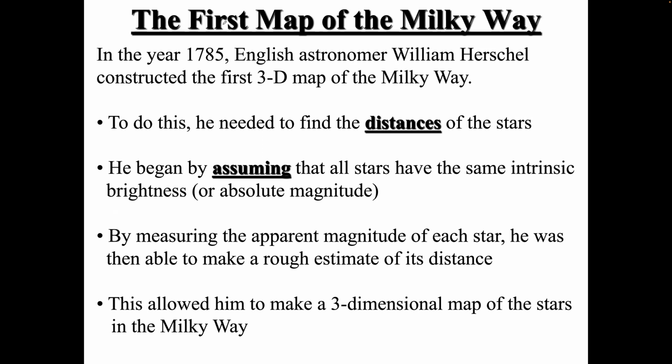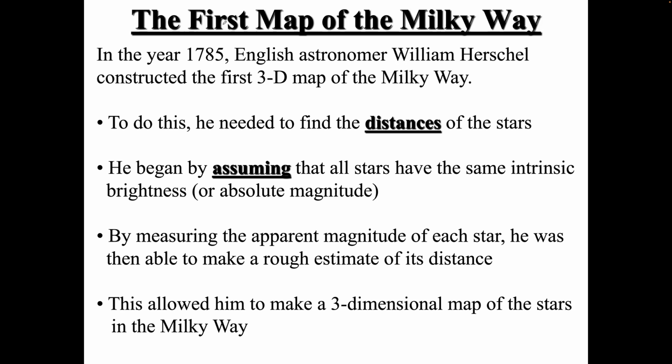So let's come back to our own Milky Way and discuss a little bit about what kind of components we have in the Milky Way. Right. Some of the properties. In 1785, one of the English astronomers called William Herschel constructed the first 3D map of the Milky Way.